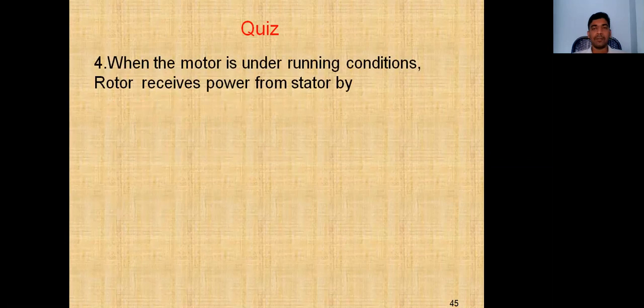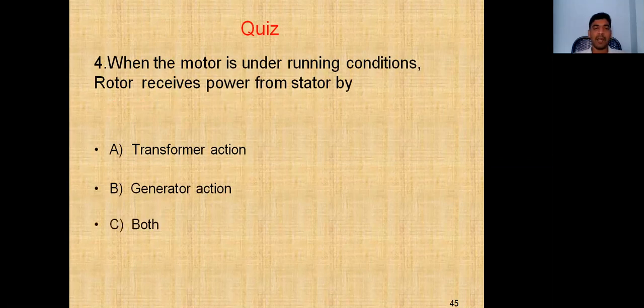When the motor is under running conditions, the rotor receives power from the stator by: option A, transformer action; option B, generator action; option C, both; option D, none of these.